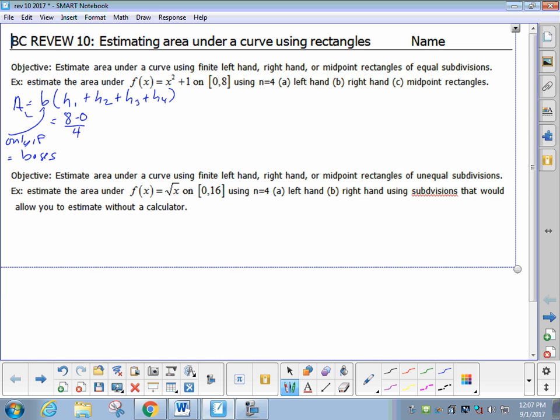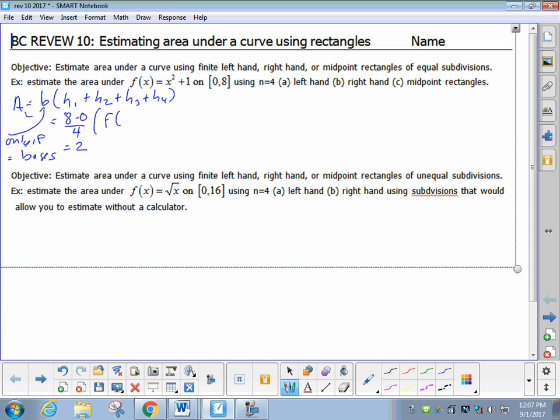Yeah, 8 minus 0 for the total region divided into 4 chunks gives you each chunk is 2. When I'm not doing this in notes, I would probably just go to 2 just like you did. It is important to me that you communicate where you pull your heights from. So this step is important.